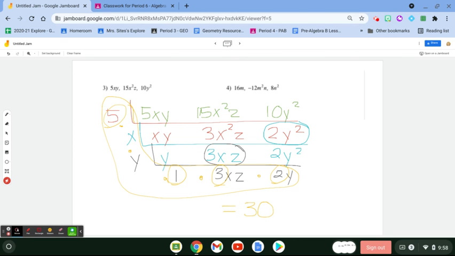I see 1x, 2x's, so x squared. Moving on to the y's, I see 1y, I see 2y's, so y squared. And then in terms of the z's, I just see 1, so z. So 30x squared, y squared, z would be your answer for this one. Okay, let's move on. Let's try one more that's like that.